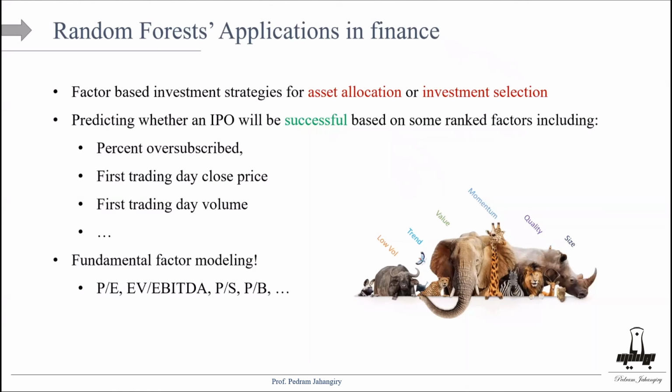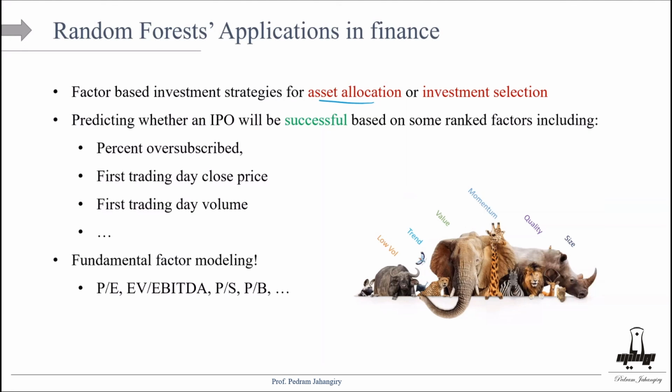There are lots of applications when it comes to using random forest in finance, and here's just a list of a bunch of them. In factor-based investment strategies for asset allocation and investment selection, we can use random forest. Remember, in decision trees, we said we can use decision trees to come up with asset allocation.